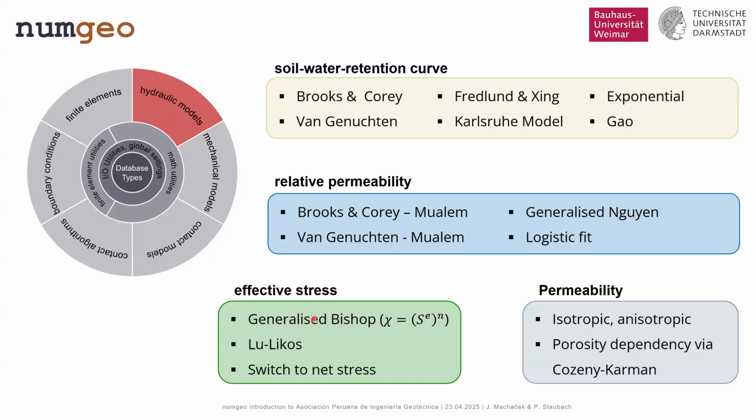But in addition to that, we have also implemented more advanced ones like the Liu and Likos model, or you can neglect completely the effect of suction on the effective stress, which will then lead you to a net stress approach. In terms of the permeability, you can assume a constant permeability, isotropic or anisotropic, but you can also incorporate porosity dependency by using the Kozeny-Carman equation.